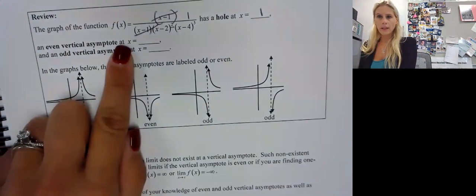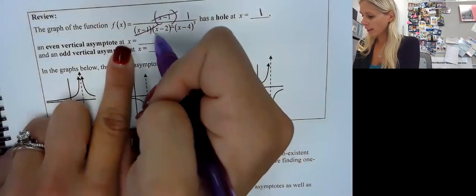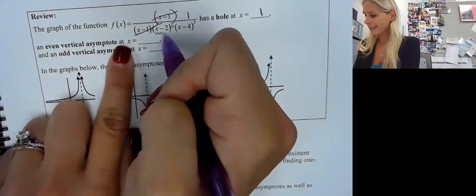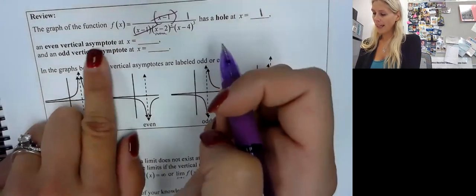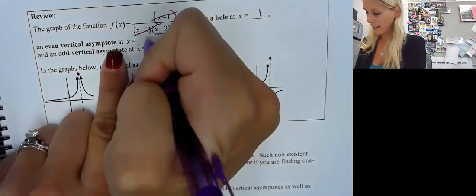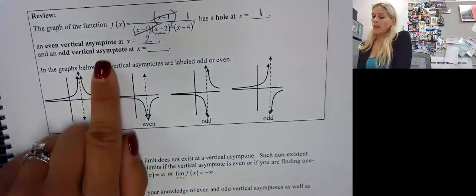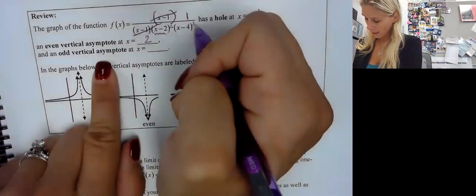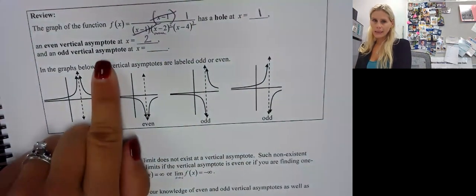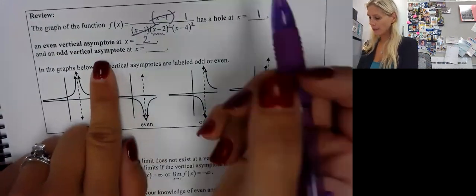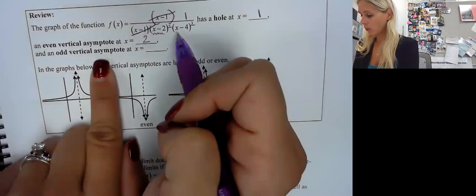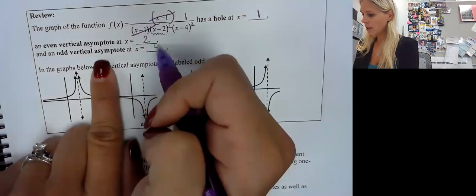There is our even exponent, but I have to look at the actual binomial and say that we have that even vertical asymptote at x equals 2. Then look for the odd exponent. So we have a vertical asymptote, an odd one at x equals 4.